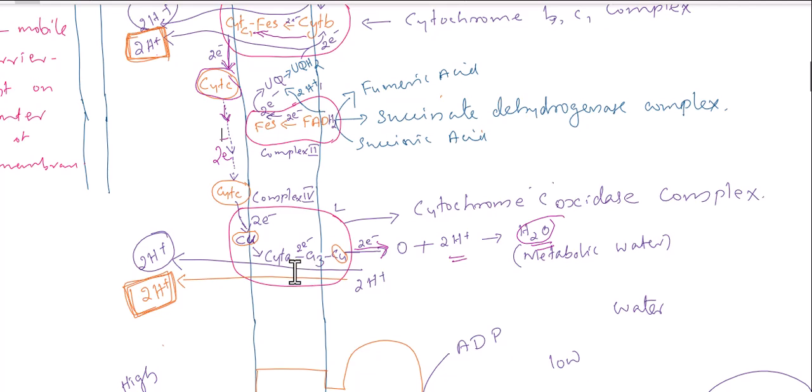There are also two copper atoms for the oxidation-reduction purpose. With the help of these elements they can receive the electrons.